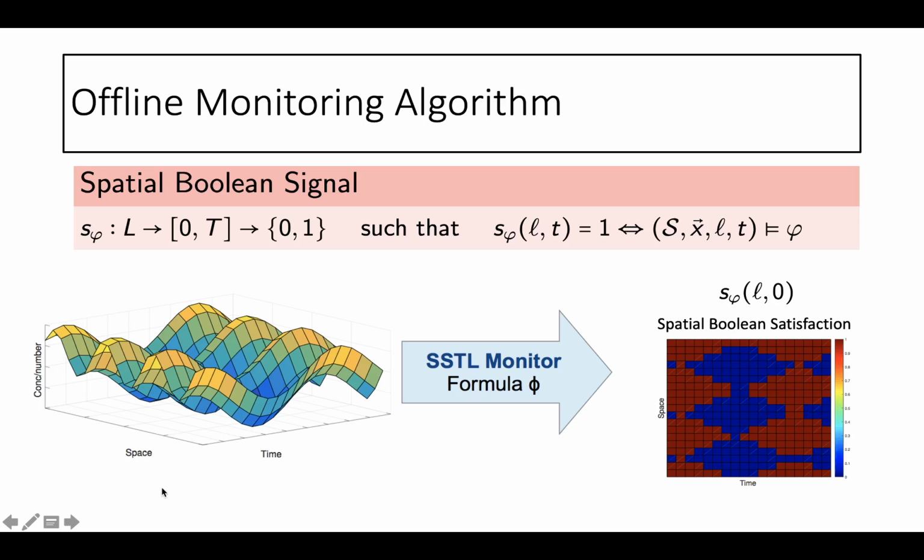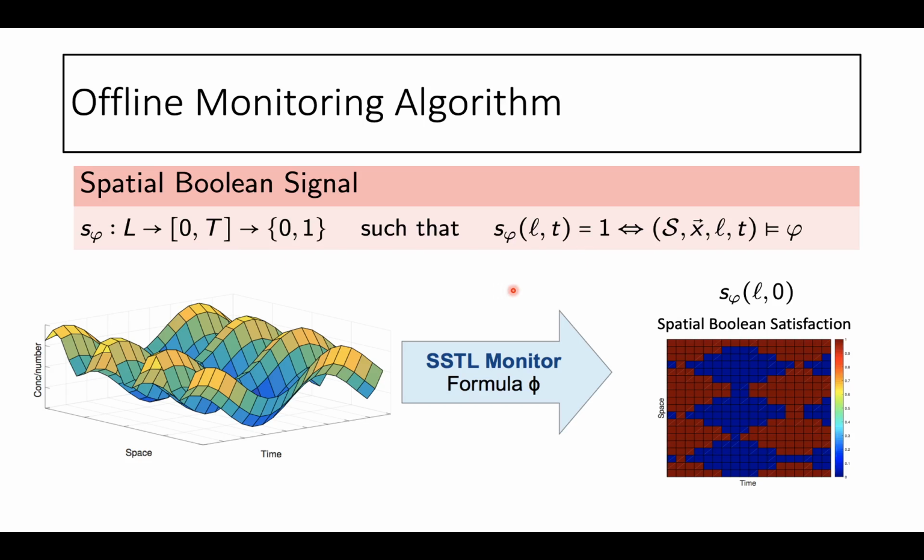Until now, we designed just offline monitoring algorithms, and similarly to STL, STREL has two semantics. A Boolean semantics that tells, at each location and time step, the Boolean satisfaction of the property.